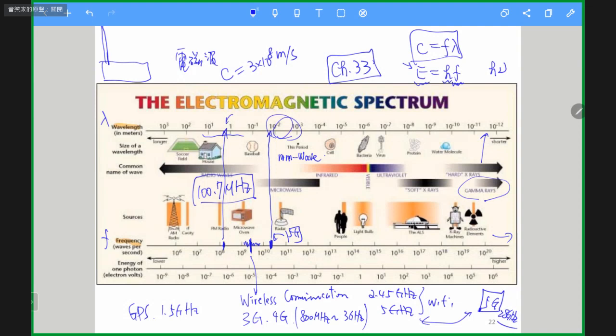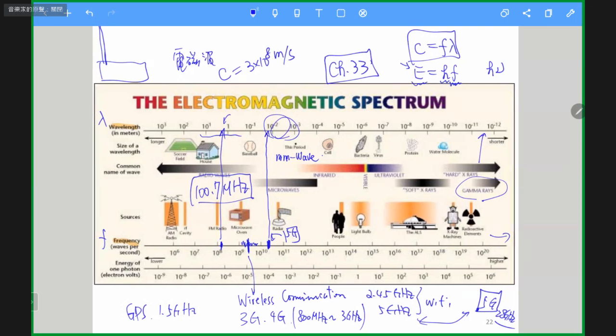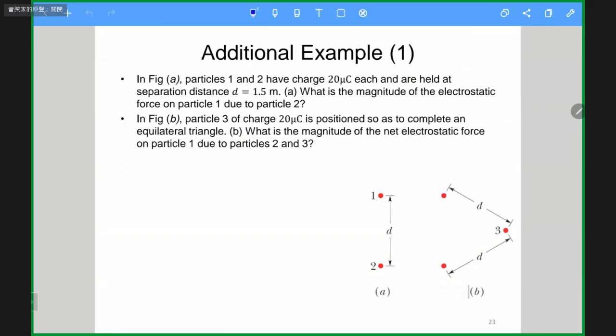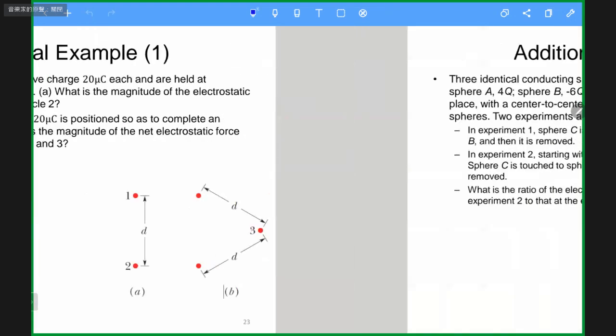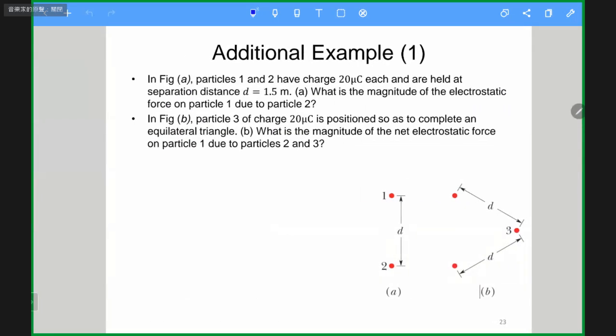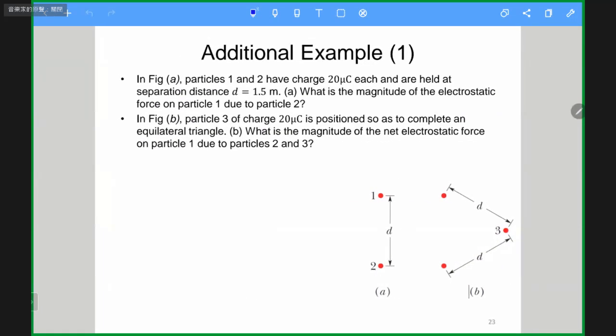Of course, if you just receive the Wi-Fi signal to listen to the radio or whatever, then that's another story. But if you really need to receive the FM signal in the air, then you need a long antenna to do so. Okay, so this is just a simple story. Maybe we just skip this one.